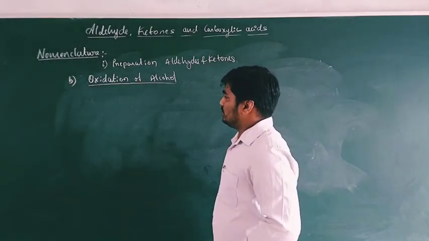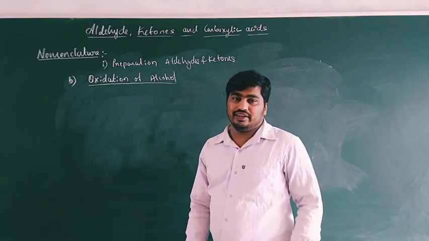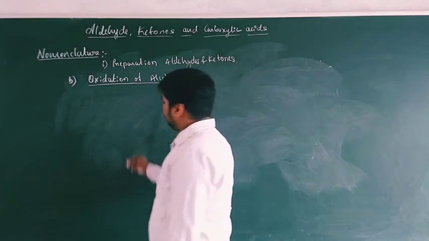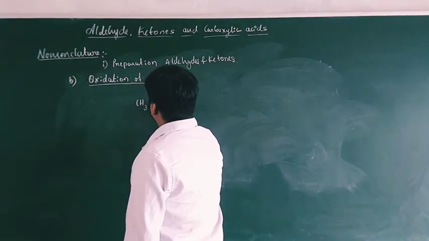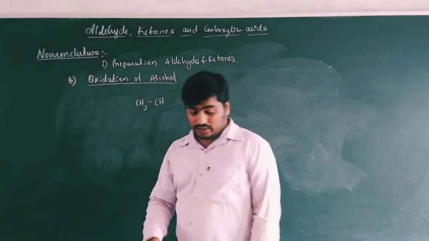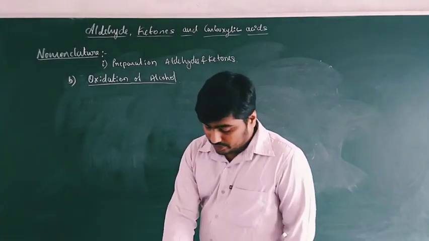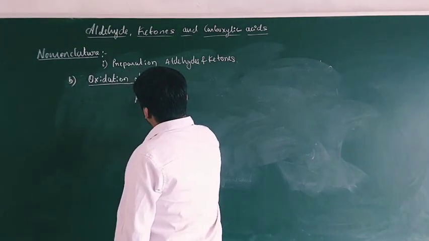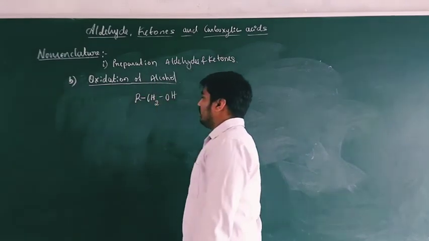Oxidation of alcohols. How to get aldehyde after the oxidation of alcohol? When it is a primary alcohol. Primary alcohol means RCH2OH.